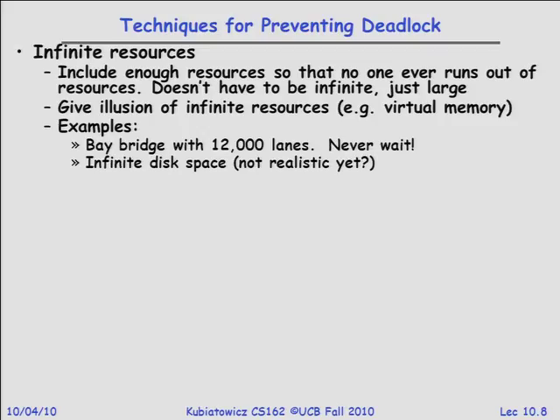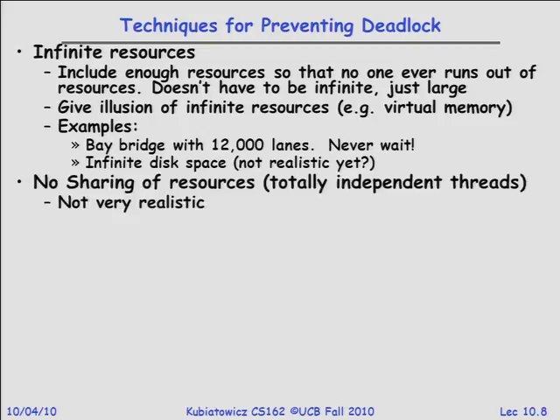You could make sure that you never share resources. Never sharing resources basically gets you out of one of the four conditions. Which one do you get out of with never sharing resources? Mutual exclusion. Yeah, I guess you probably still have mutual exclusion because you'd want to make sure that... yeah, I guess you're right.